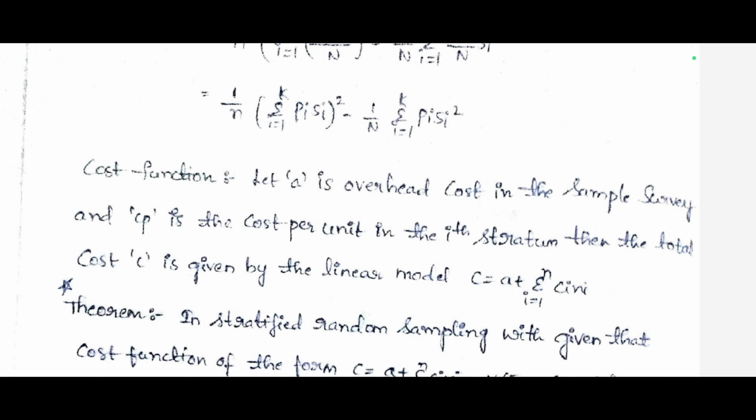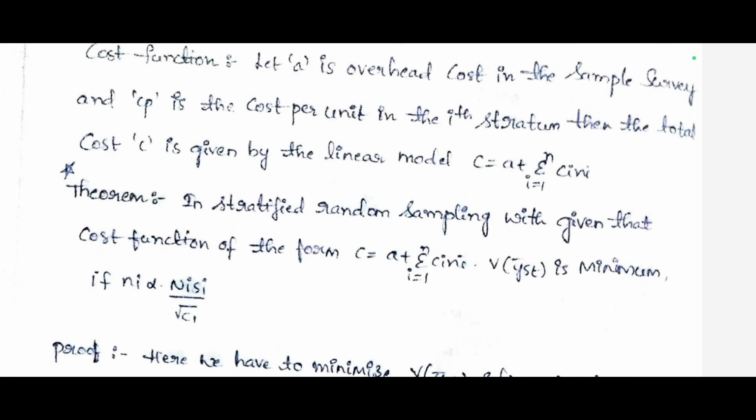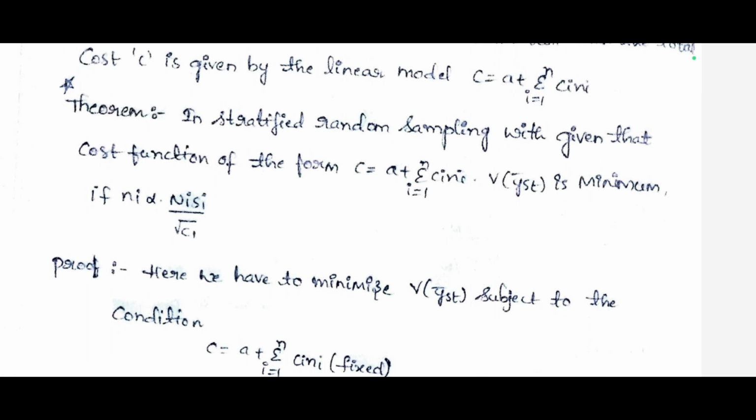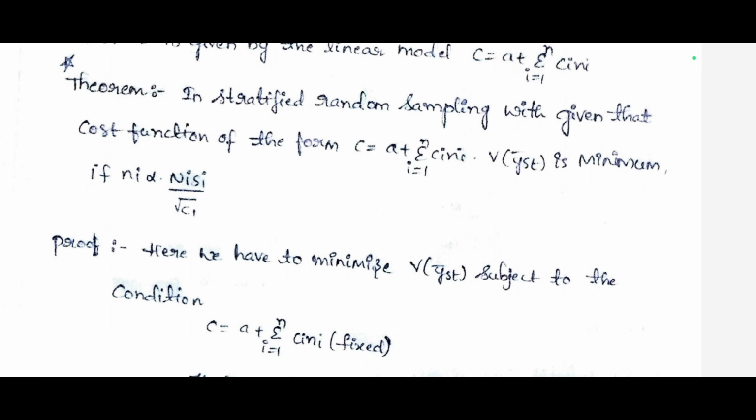Now, in stratified random sampling, given the cost function C equals A plus the summation, i runs from 1 to k, of Ci ni, the variance of y bar of st is minimum if ni is directly proportional to Ni Si divided by root of Ci.